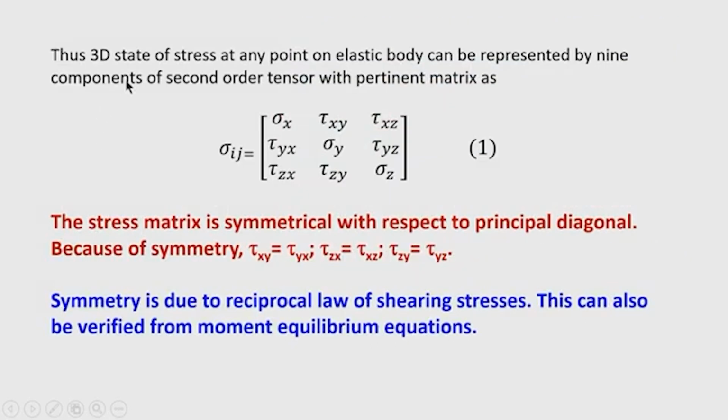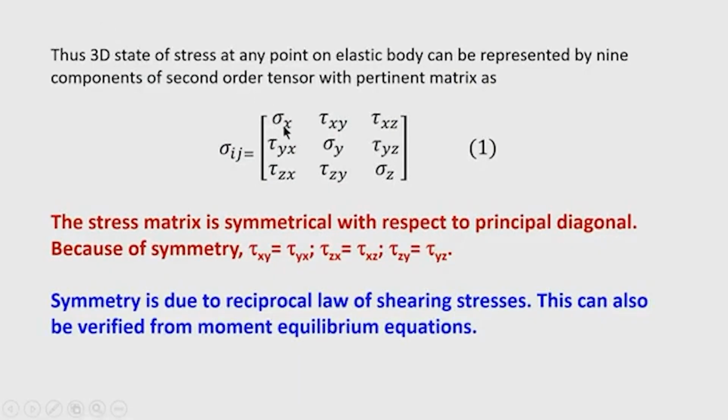Now, the 3D state of stress at any point in an elastic body can be represented by 9 components of a second order tensor with a pertinent matrix. These stresses are considered to be a second order tensor, and the matrix that I write will consist of 9 components in general. What are the components?